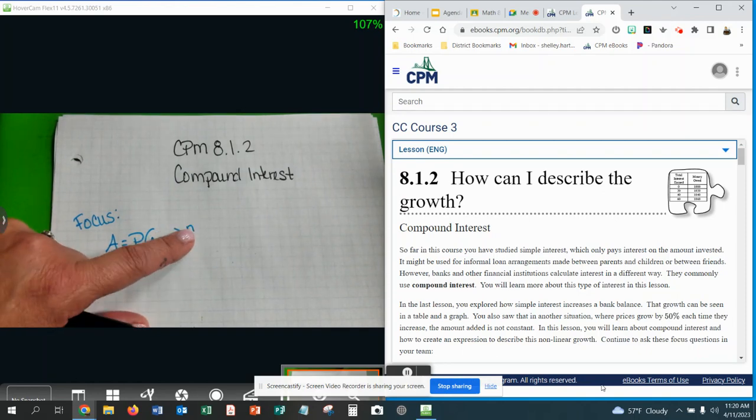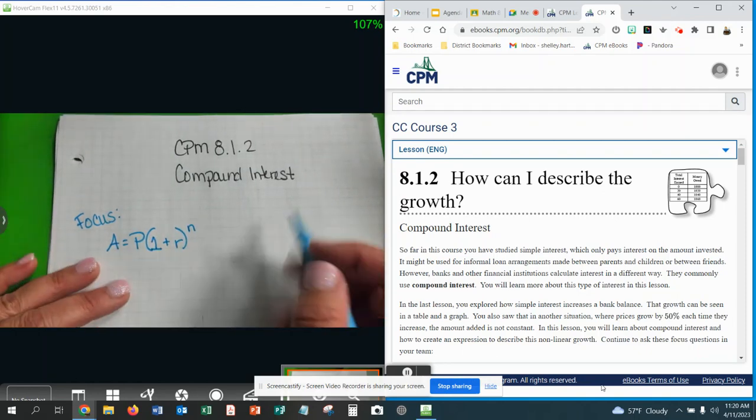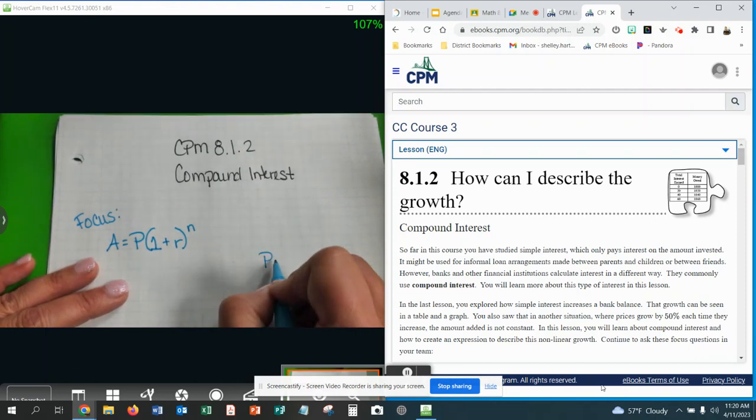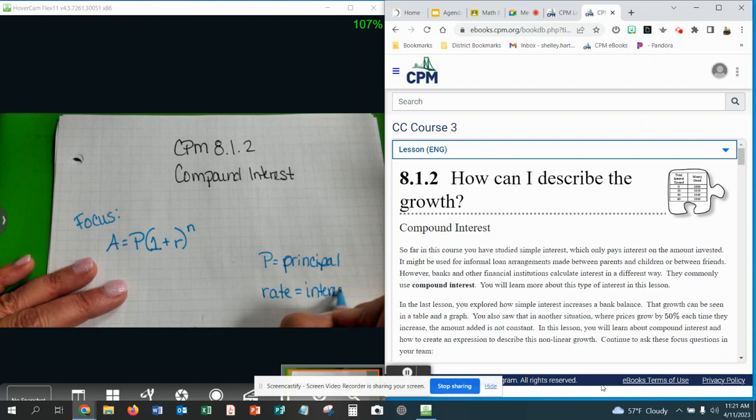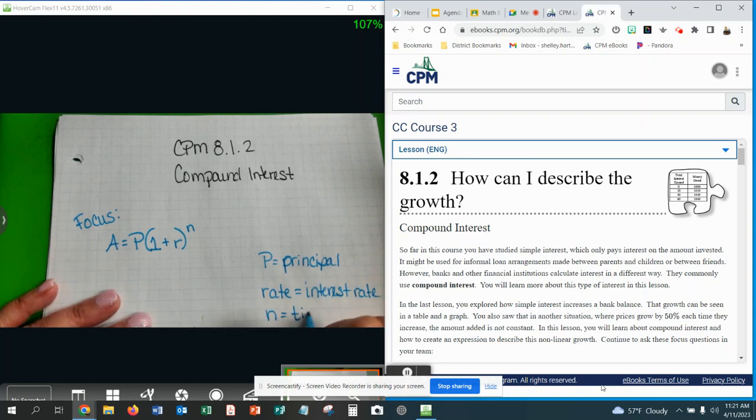And the n is the time. So we have, again, principal. We have rate as the interest rate. And n as equal to time, and it's also an exponent.